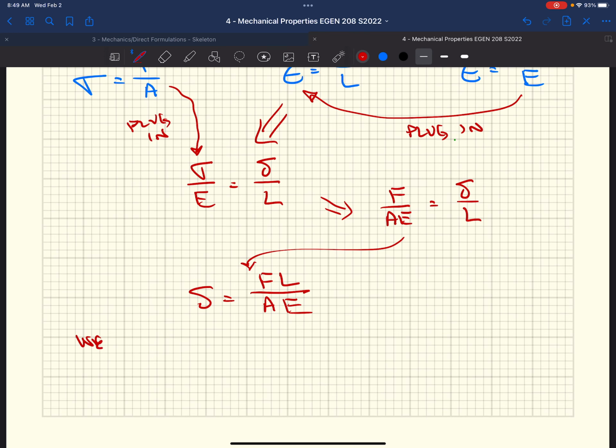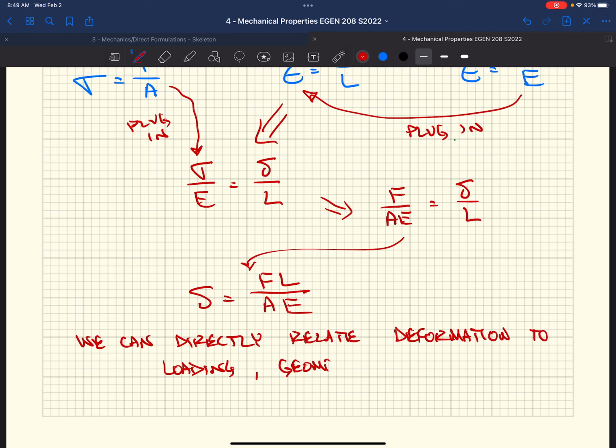We can directly relate now deformation to loading, geometry, and our modulus of elasticity.